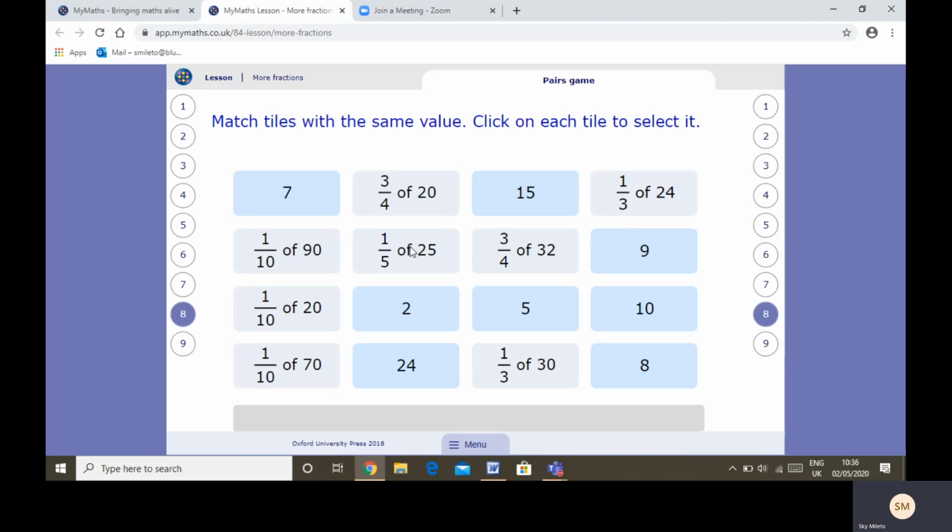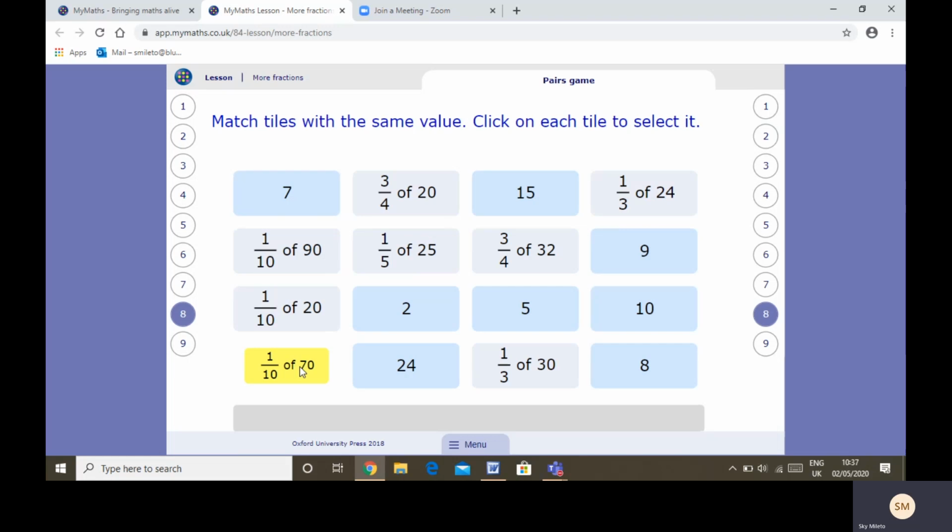What you have to, just like with the other lessons, for example, 1/4 of 12, you had to divide 12 by 4, or 1/2 of 12, you had to divide 12 by 2. You have to do exactly the same. So all you do is divide the whole number, the biggest number, by the part it's asking you, the denominator. So that would be 70 divided by 10.